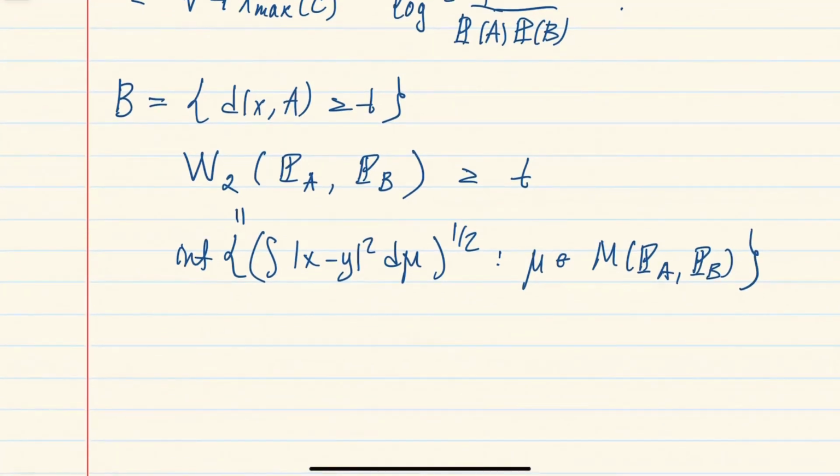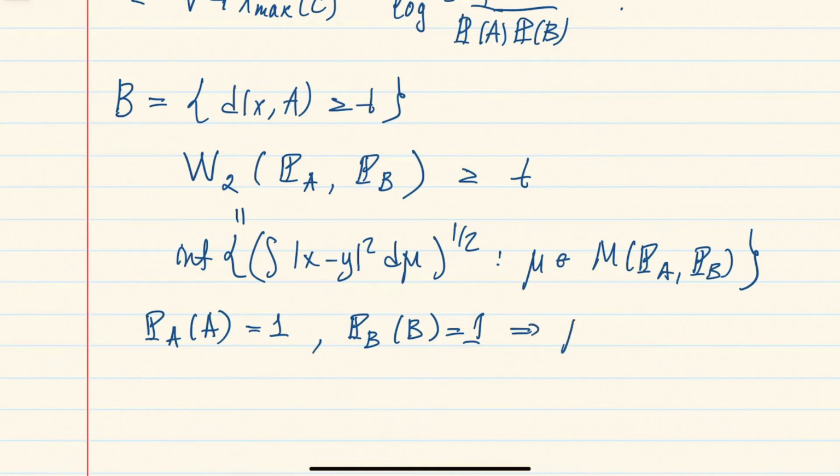Right, and the fact that the marginals concentrate by our construction on these sets A and B, in other words P_A has weight 1 on the set A and P_B has weight 1 on the set B, means that any measure mu with these marginals is concentrated on this rectangle A times B. Because outside of this rectangle, either the first coordinate is not in A, which has measure 0, or the second coordinate is not in B, which also has measure 0.